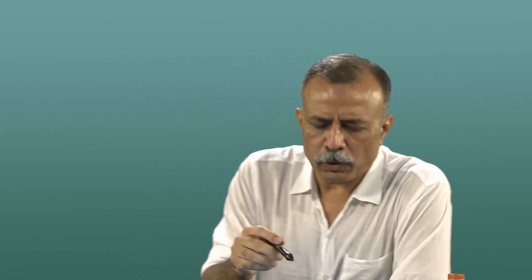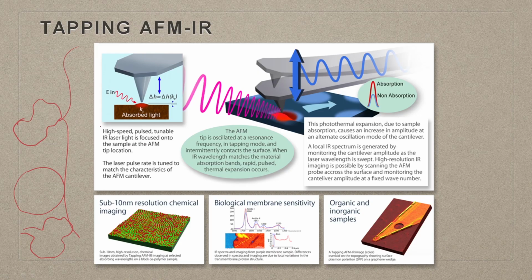Okay, so high speed pulsed tunable IR laser light is focused onto the sample at the AFM tip location. The laser pulse rate is tuned to match the characteristic AFM cantilever frequency. The AFM tip is oscillated at a resonance frequency in tapping mode and intermittently contacts the surface. Again, this is that intermittent contact, if you remember I mentioned earlier.